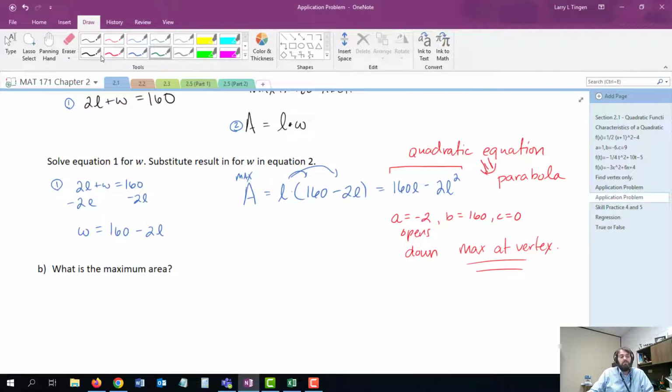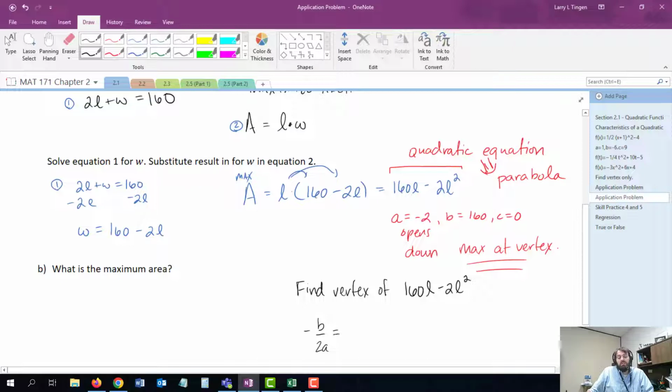So find the vertex of 160L minus 2L squared. Well, to find the x-coordinate, that is -160 over 2 times -2.